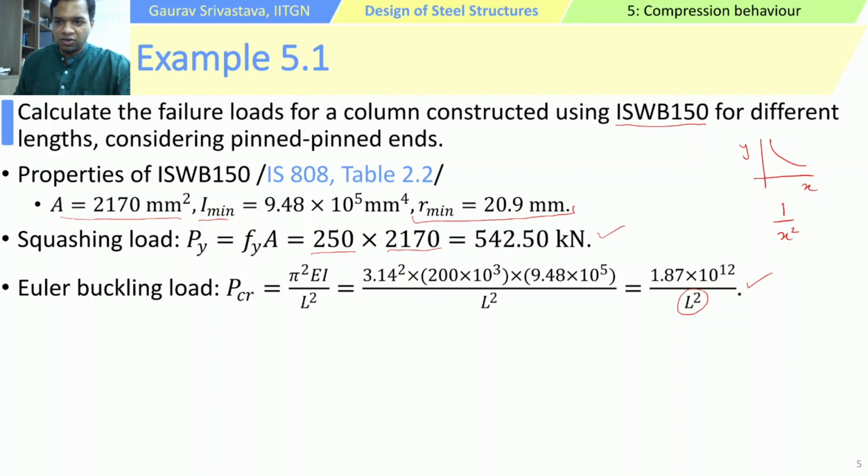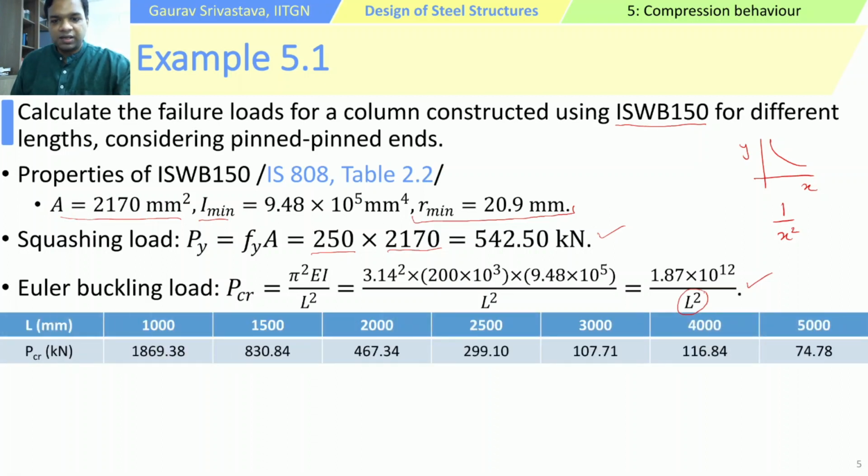And L appears in the denominator as L squared. So then we can generate a table where we, let's say, consider different values of L. So let's say from 1 meter to 5 meter, we consider different values of the length of the column in this case. And we calculate the critical buckling load using the expression which we have developed.